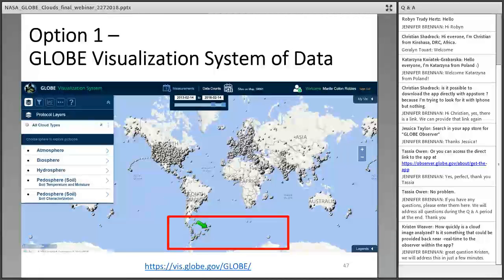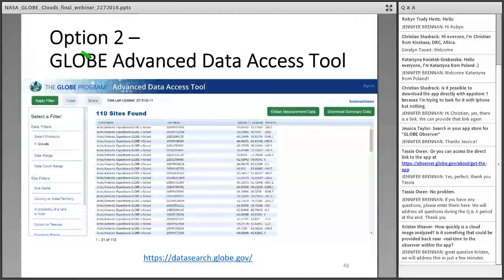I want to point out these are very interesting observations, particularly these right here are some science expedition cruises that go to Antarctica. So these are great observations for scientists right over the ocean. So this is a group that can be called upon to do some observations for a particular time period or a particular location. Again, this visualization system is great to see where the data is.